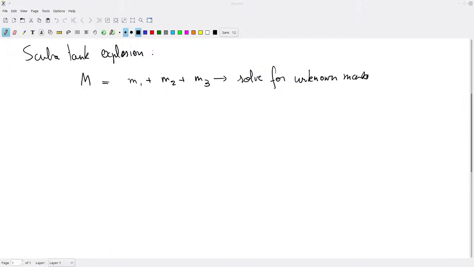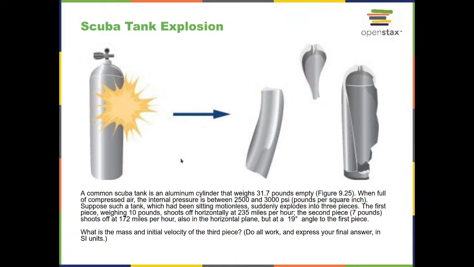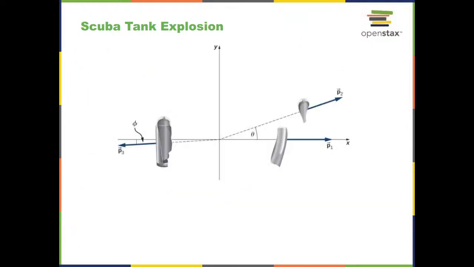Now we also want to, however, determine the velocity of the 3rd piece. And we know the directions at which the first 2 pieces went off. So piece 1 went off in the horizontal direction. Again, in some sense, we can always pick the direction in which piece 1 flew off.